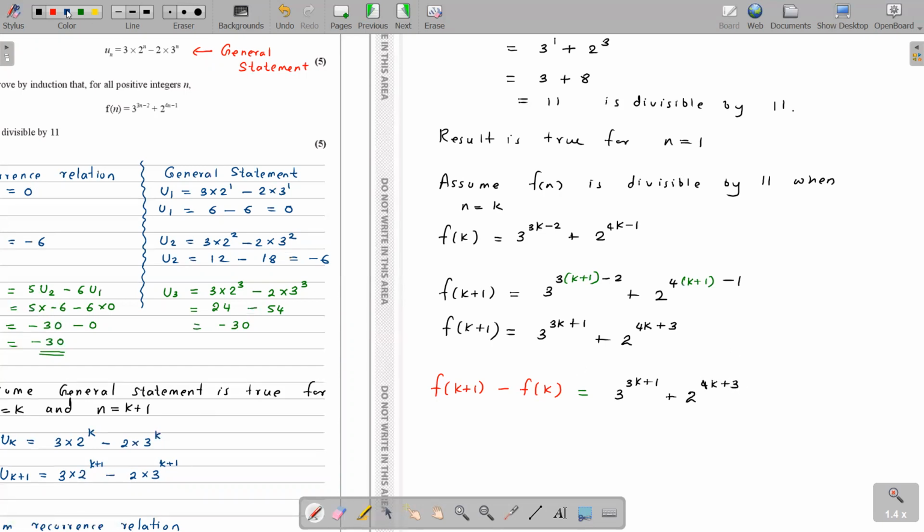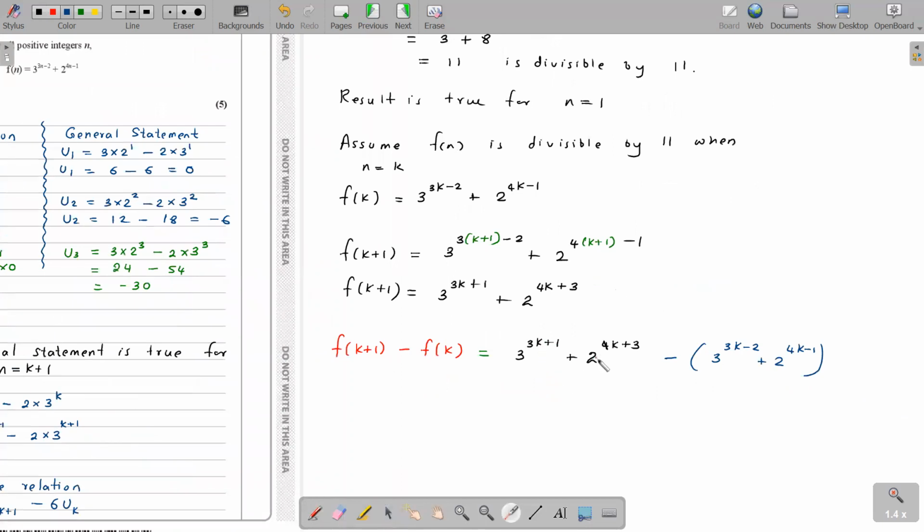We subtract fk. What's our fk? 3 to the power 3k minus 2 plus 2 to the power 4k minus 1. Now I think you can see here the powers are quite different, right?